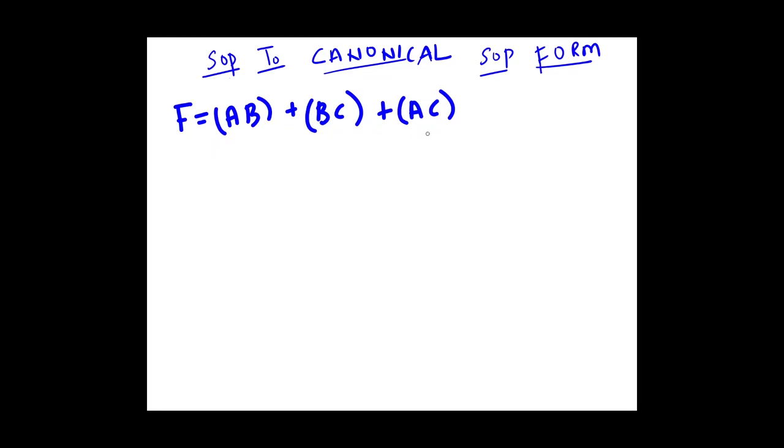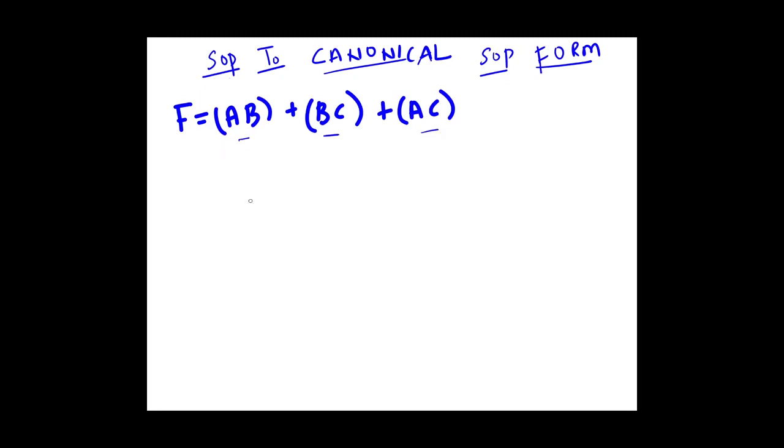Whenever I see this expression, let's see how many variables there are. I have A, B, B, C, A, C. So it is A, B and C. This has 3 variables. That means this is one minterm, this is one minterm, and this is one minterm.